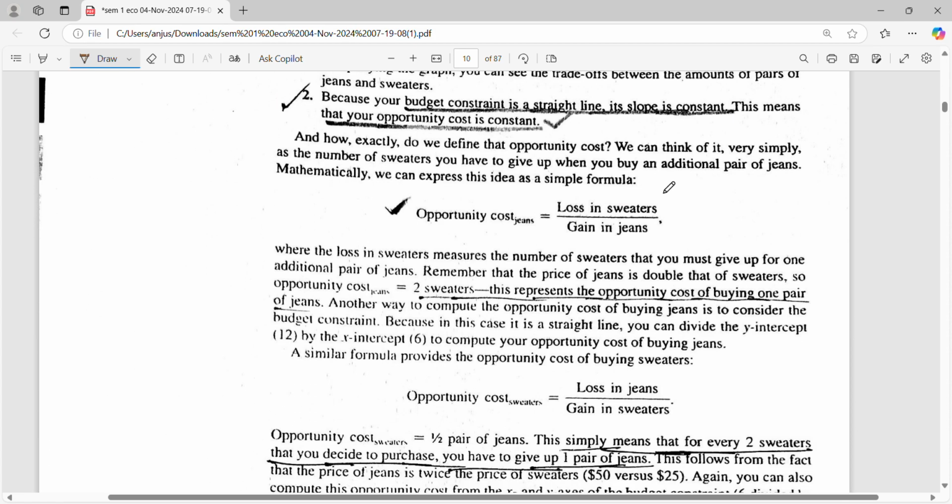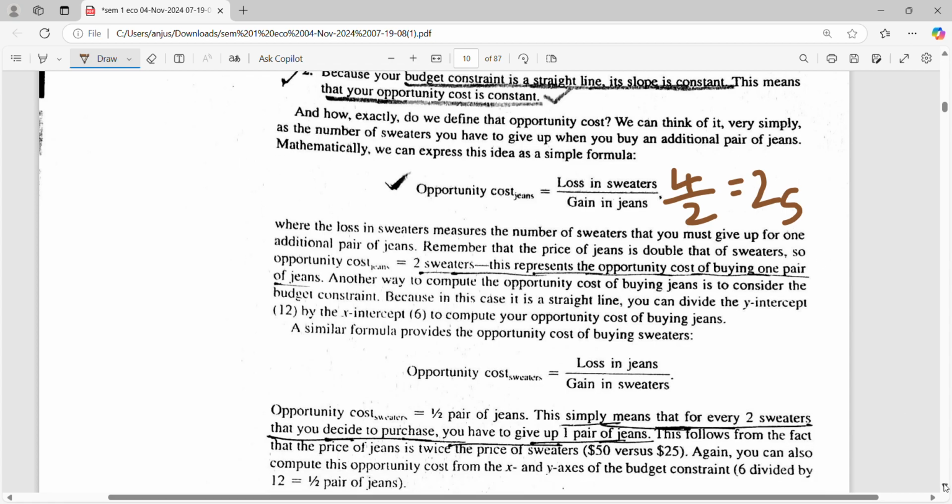So the loss in sweaters is 4 and the gain in jeans is 2, which gives you 2. The opportunity cost of buying a pair of jeans is 2 sweaters. Because 1 sweater costs 25 rupees, so 2 sweaters cost 50 rupees and a pair of jeans costs 50 rupees. So instead of buying 2 sweaters you can buy a pair of jeans at that price.